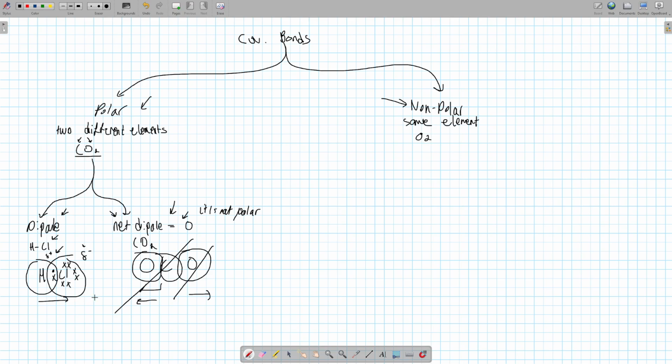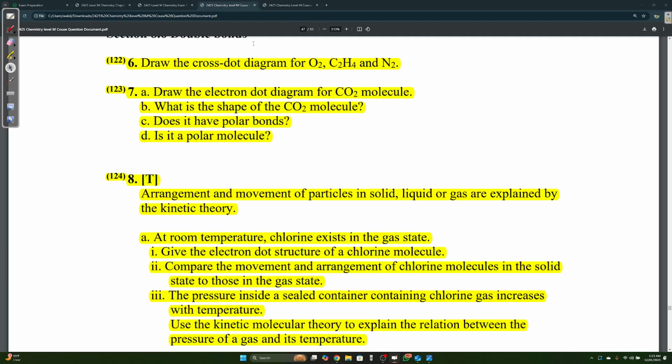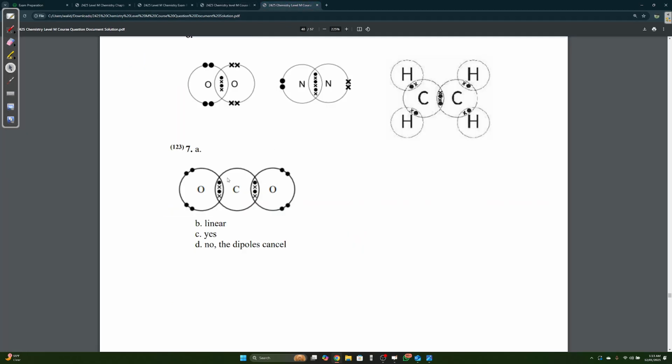In words, you can say in the exam, it doesn't cancel out. For net dipole equals 0, for it not to be a polar molecule but have polar bonds, that means the polarities cancel out. So, for carbon dioxide, does it have polar bonds? Of course, because it's not the same element. But is it a polar molecule? No, because look at the structure of it, it cancels out. The dipoles cancel.